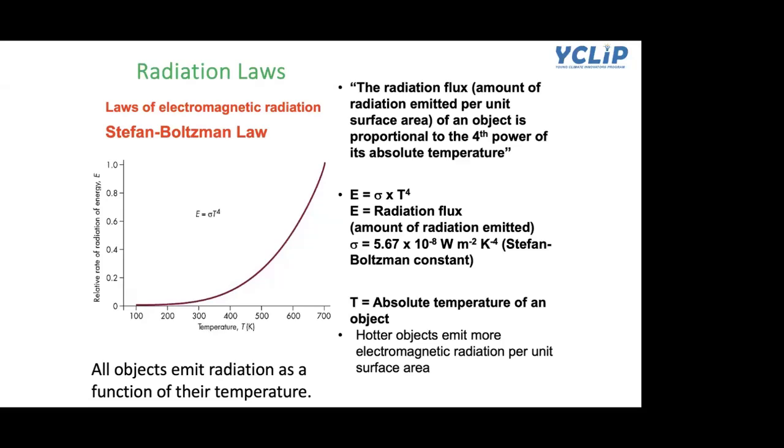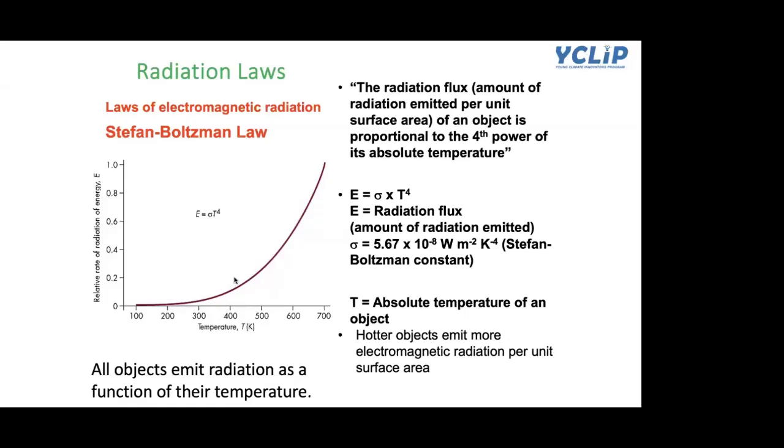This law explains that every object gives off radiation as a function of its temperature. So you, human being, you radiate energy, you give off some heat, and you can test this when you are in a room with other people, even with air condition on, how the room can get heated up.